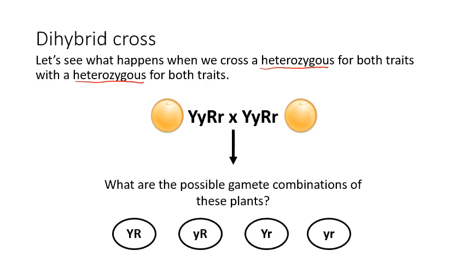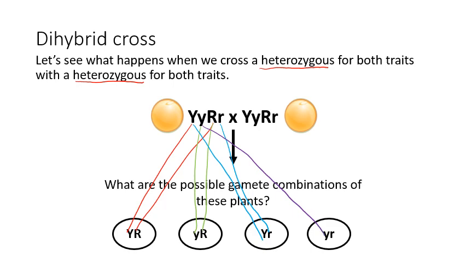So our first combination is capital Y, capital R. Second combination could be little y, capital R. Third combination might be capital Y, little r. And our fourth combination is they could pass on both of those recessive alleles, the little y, little r.